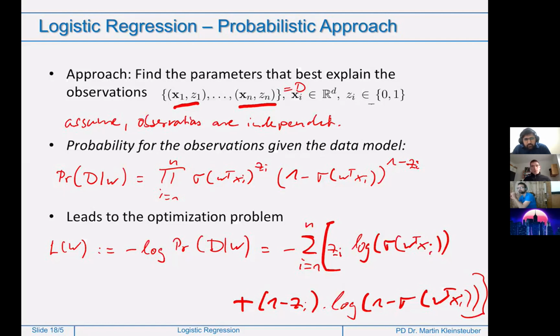For instance, if the distribution of the classes is not uniform. For example, if we have class 0 and class 1, but the underlying data distribution is biased towards, let's say, class 1, is there any way that we could weight these samples?